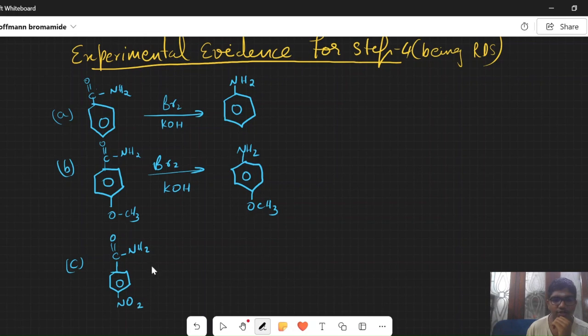Nitro group is an electron withdrawing group, minus R group, that is the technical term. So this is a plus R group, this is a minus R group. Again we get a para substituted product.